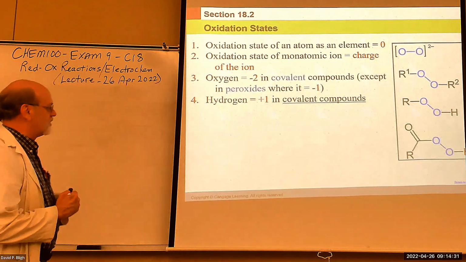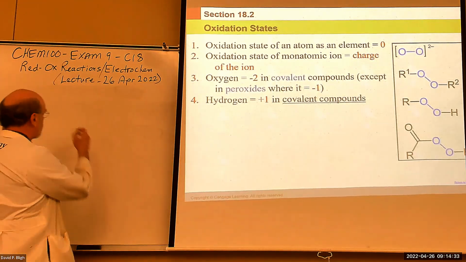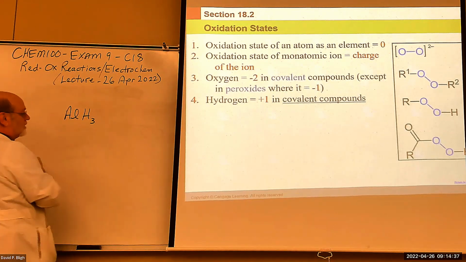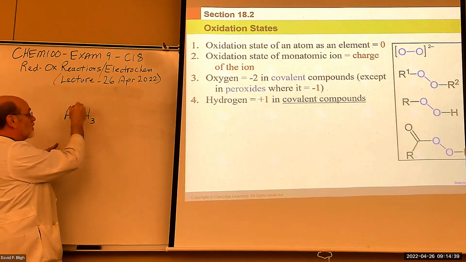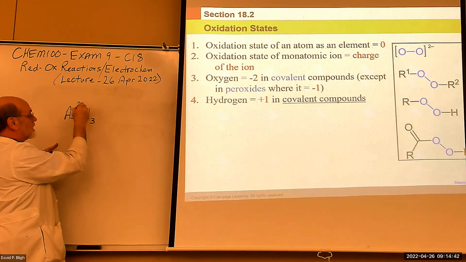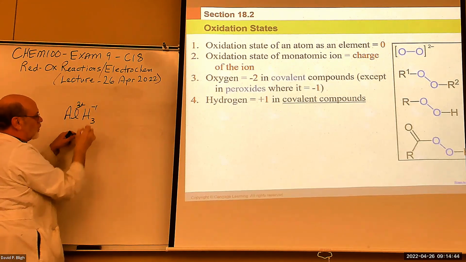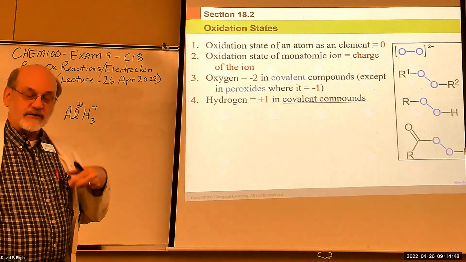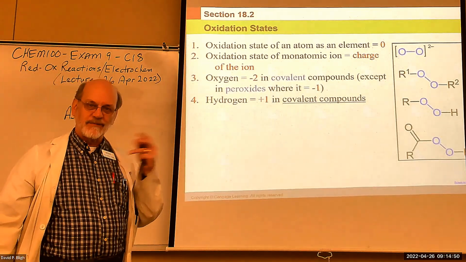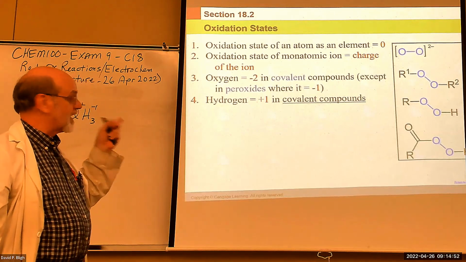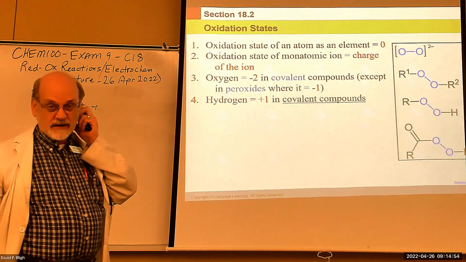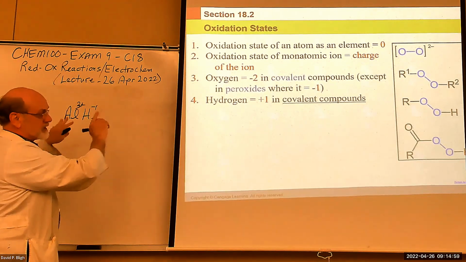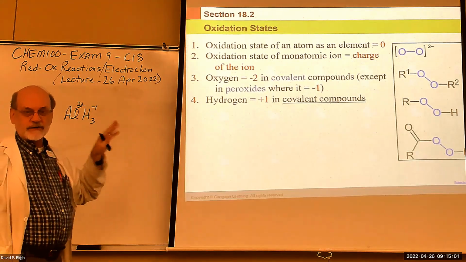For instance, if we have aluminum hydride, right? In that case, aluminum is a 3+, and hydrogen is a -1. But if hydrogen is bound to a non-metal, it's +1. If it's bound to a metal, it's a -1. I'm not sure if the -1 rule is given in here, so that's why I'm throwing it in here to show you the difference between hydrogen in the 2 different types of compounds.